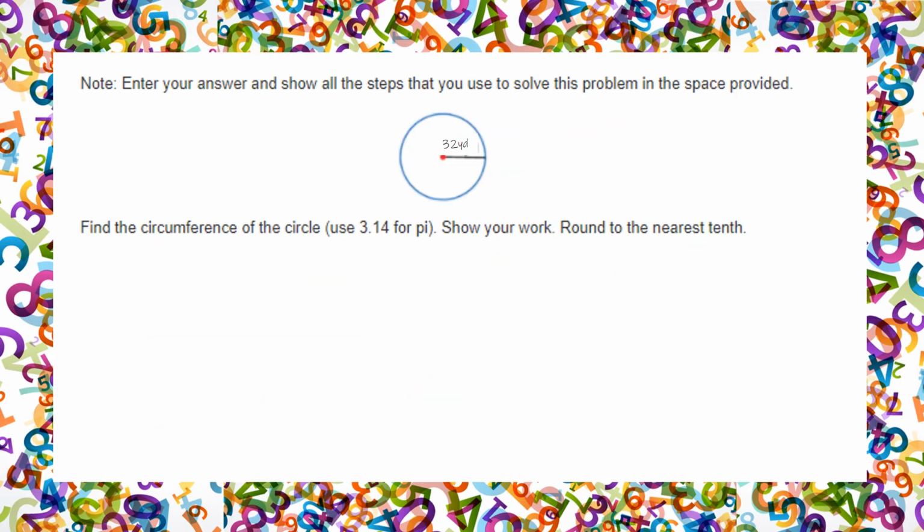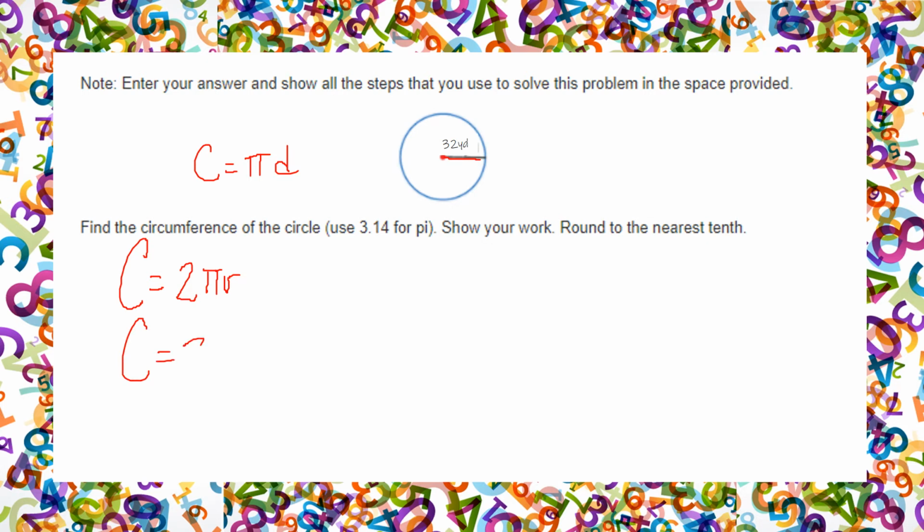Okay, enter your answer and show all the steps. So the circumference of the circle. The circumference is equal to 2 pi r or pi d. Well, we have the radius here because it's only half the circle. So we're going to plug it in.